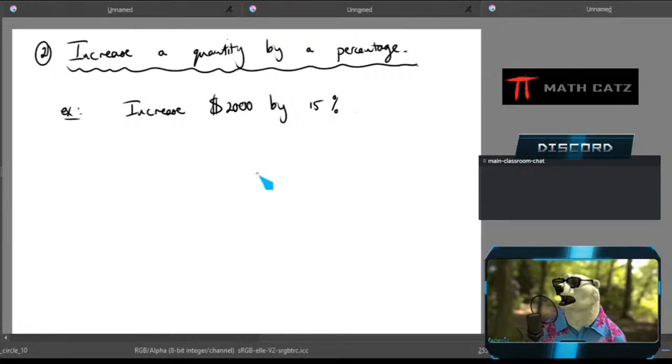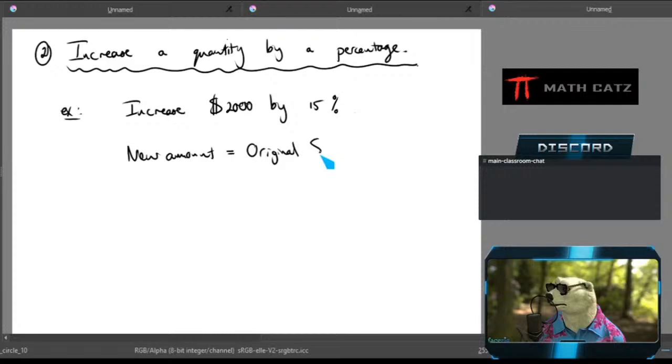Now, what is really happening here? When I break it down to a level that I have seen before, I have my new amount calculated as my original $2,000, plus, I'll put it in brackets, 15% of $2,000.